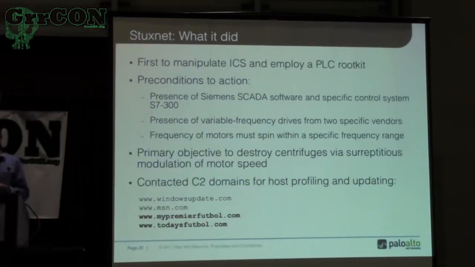This is a perfect example of extremely targeted malware that took many resources to identify exactly where they wanted to run. So it's looking for the presence of a specific SCADA system, a specific variable frequency drive manufactured by just 2 vendors, one of which was based in Iran. And it was even looking at the current RPM rate of their centrifuges, making sure they were specifically within something like 850 hertz to 1200 hertz.